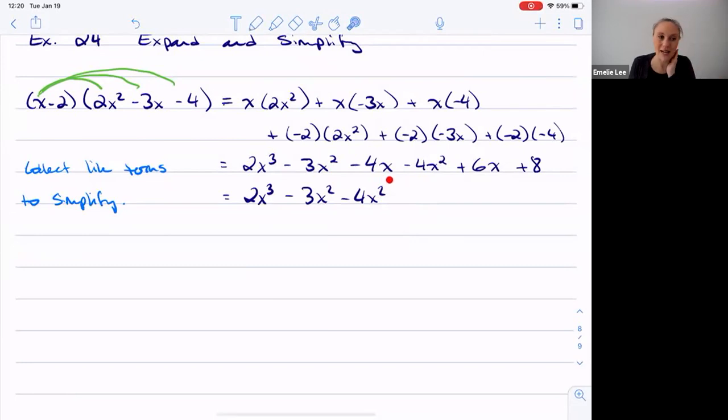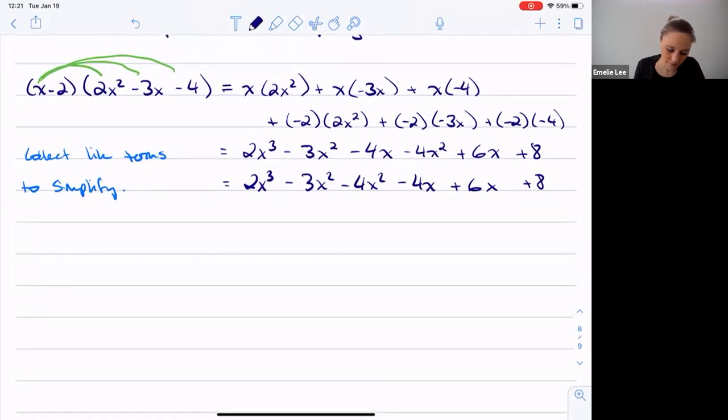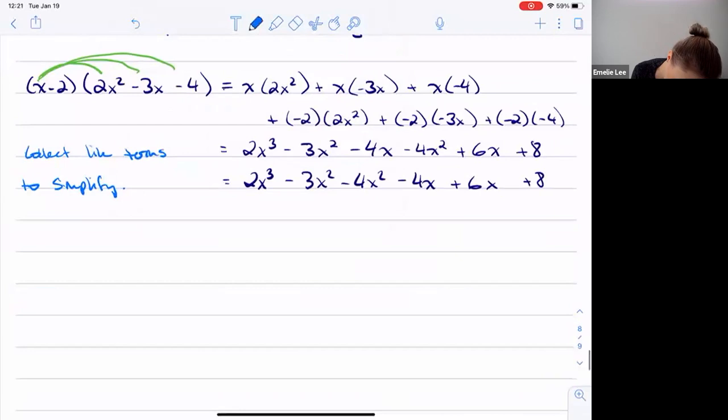Then I move on to my x's. I've got -4x plus 6x, so I'll write those together. And then plus 8 is the only constant because there's no variable. Okay, so I collect these like terms.